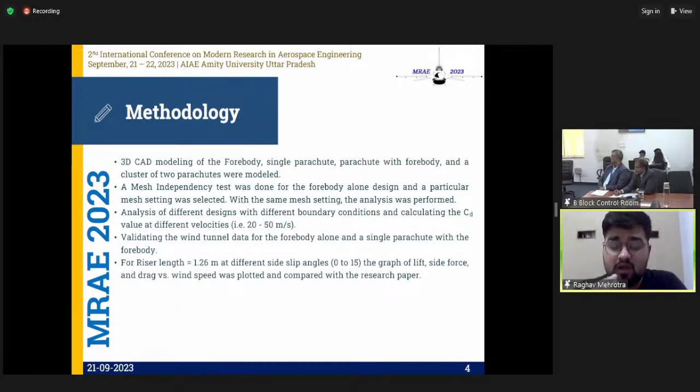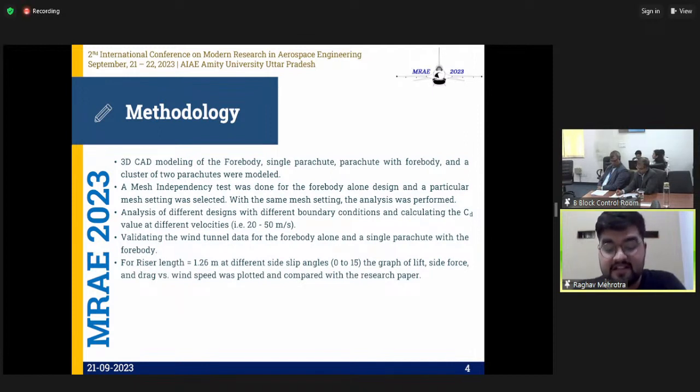Once the model was ready, we shifted to ANSYS for the numerical simulation, starting with the grid independency test. Then we did the analysis for the forebody alone and also the forebody with the parachute.